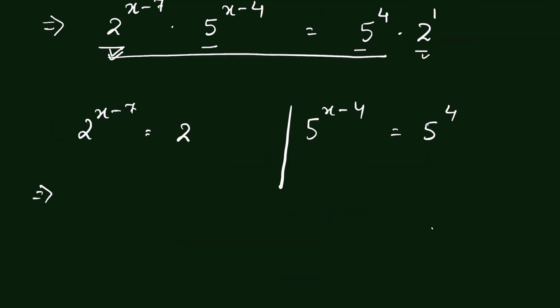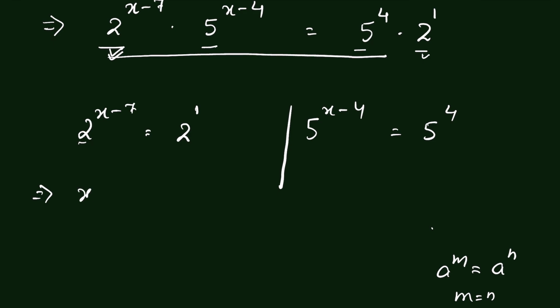Now 2 to the power x minus 7 is equal to 2 to the power 1. There is a rule: if a to the power m is equal to a to the power n, in that case m is equal to n when a is not equal to 0 or 1. Here a is 2, therefore m, that is x minus 7, is equal to 1.